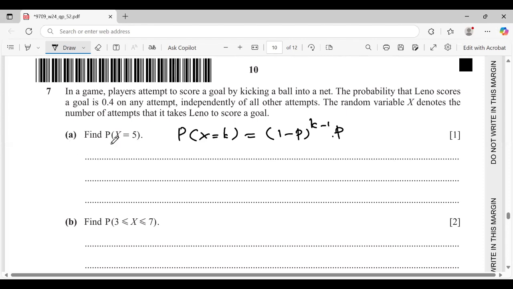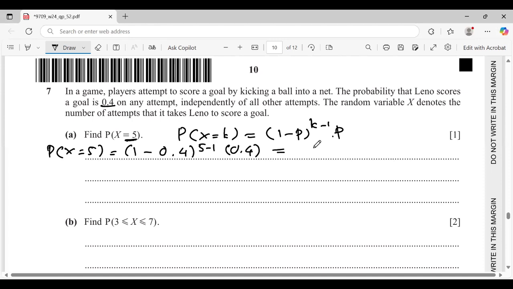Now, if k equals 5, we can find P(x equals 5). This is (1 minus 0.4) to the power 5 minus 1 times 0.4, because the probability is 0.4.